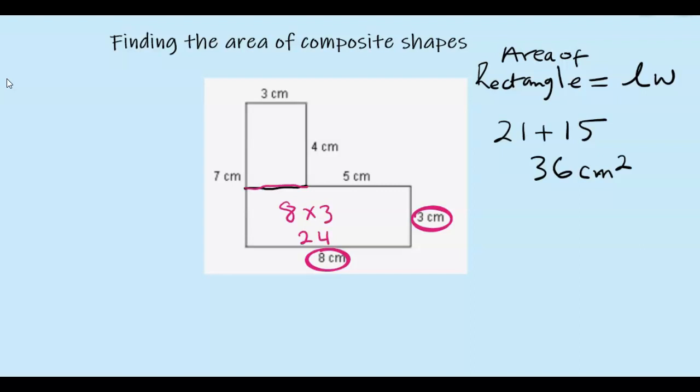And then here your length is going to be 4 and your width is going to be 3. So 4 times 3, which is 12. And therefore the area of this shape is going to be 24 plus 12, which also gives us 36 centimeters squared. So it doesn't matter whichever way you cut it. If you do it right, you will get the same answer.